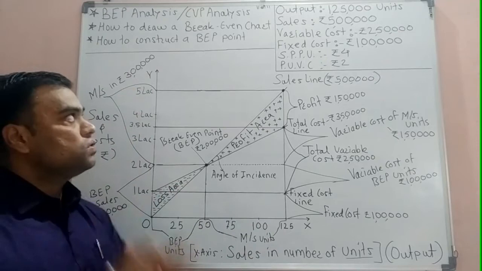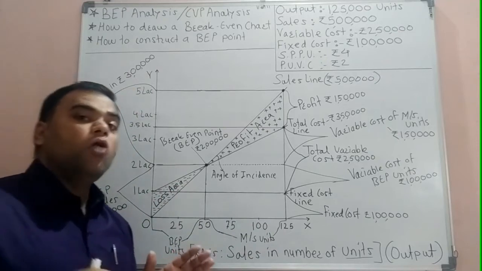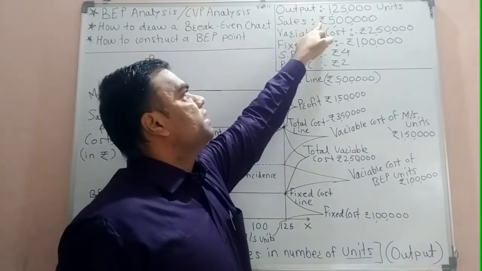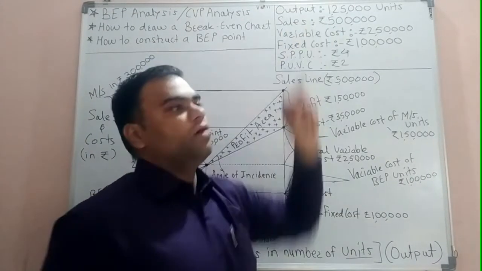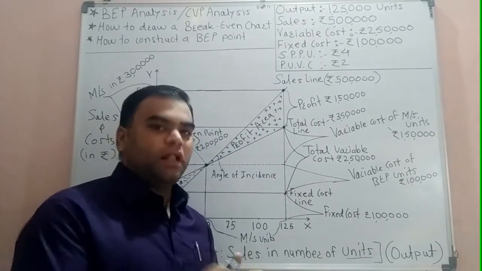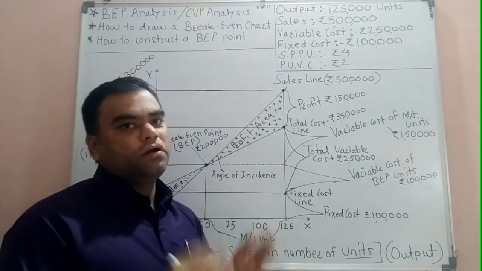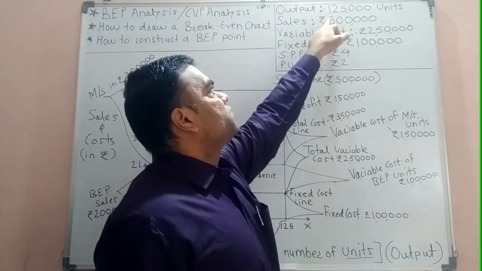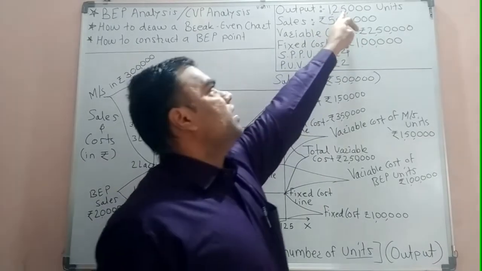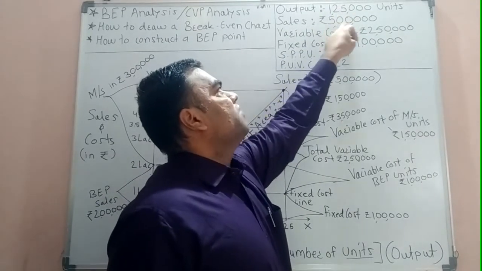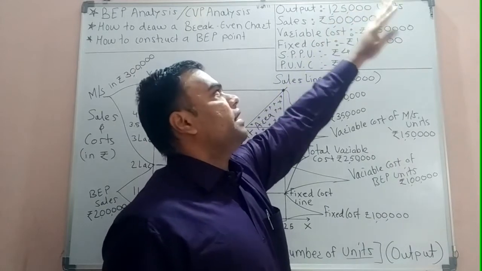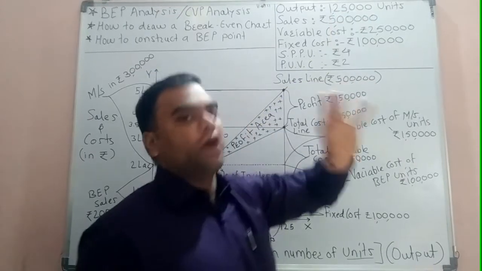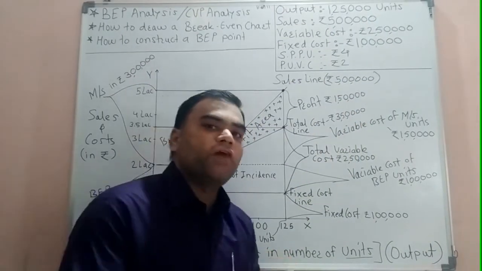So how can we decide how many points to draw? There are two variables, output and sales, so generally we should make 5 or 10 points, then we can draft a good quality chart. Both variables we divide by a common figure. So 1,25,000 and 5 lakh, if both are divided by a common figure, suppose 5, then 1,25,000 divided by 5 will be 25,000.